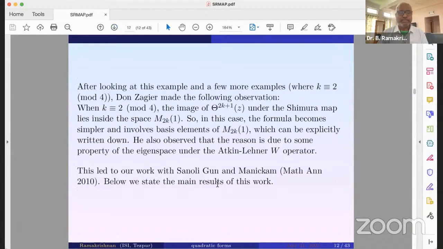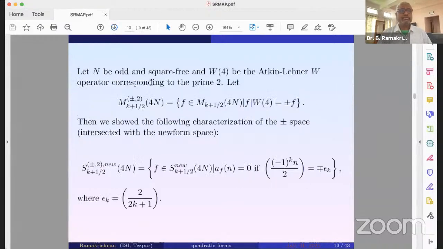I'll explain the results we obtained in the paper that appeared in 2010. So n is an odd square free integer. W4 is the Atkin-Lehner W operator corresponding to the prime 2. These are analogous W operators in the case of half integral weight. This was done already in the case of integral weight while studying the theory of newforms introduced by Atkin and Lehner, and similar things were introduced in the case of half integral weight.